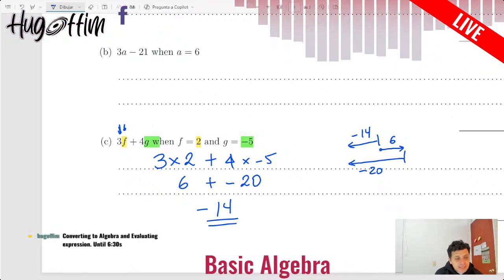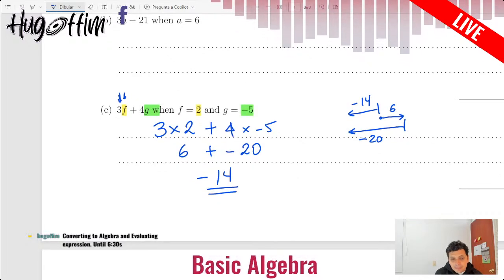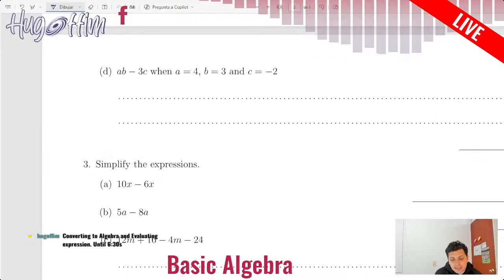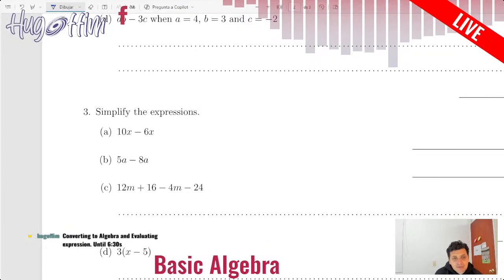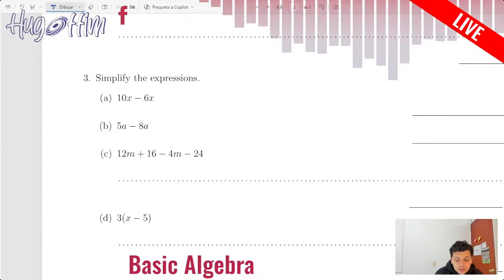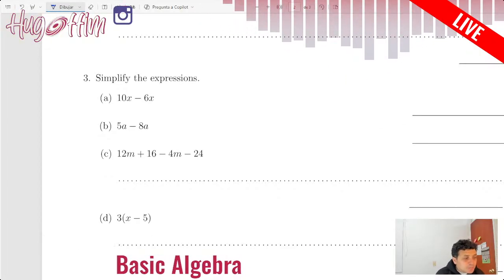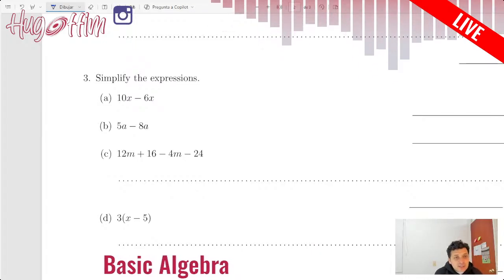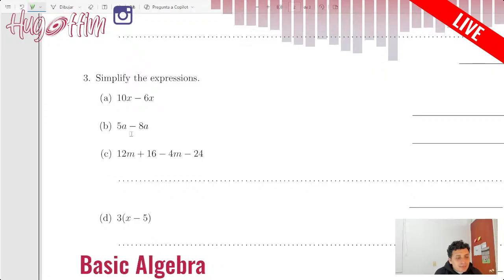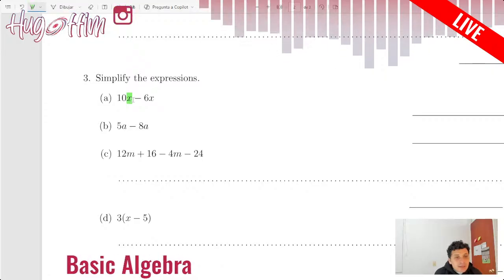Now let's continue with the next type of questions: what happens if you're asked to simplify expressions? When you're asked to simplify expressions, what you have to do is identify like terms first. Like terms are variables with the same power.